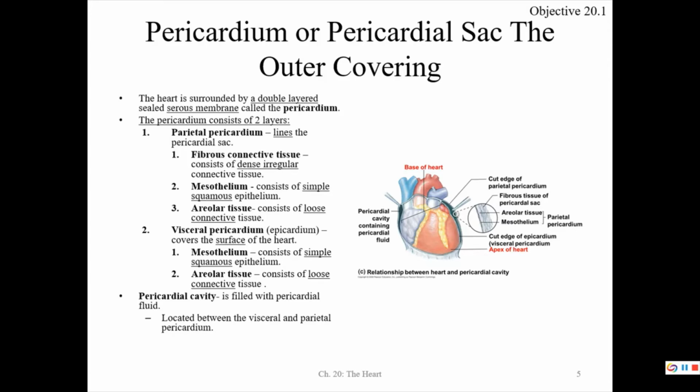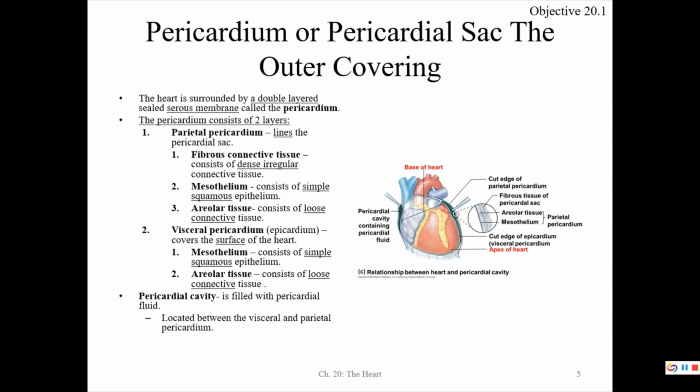Now, the parietal pericardium is far denser, far tougher, far more rigid, far less giving. Now, can it be stretched over time? Yes. Can it be stretched very quickly, acutely? No. So this will allow things like congestive heart failure to occur because it doesn't want to give up very easily.